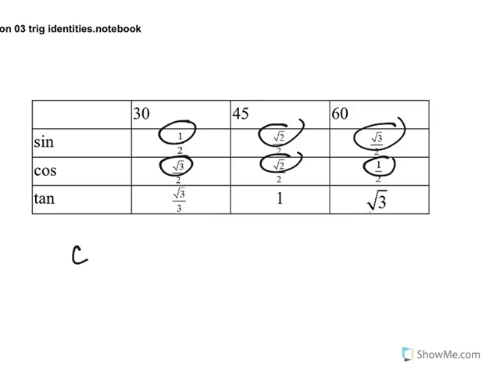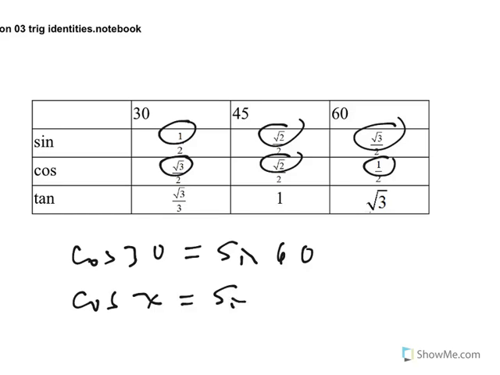One thing you might notice is that cosine 30 is the same thing as sine 60, and that's going to be true in general, that cosine of x is going to be sine of 90 minus x.